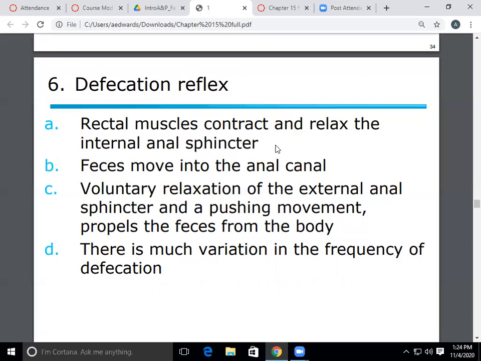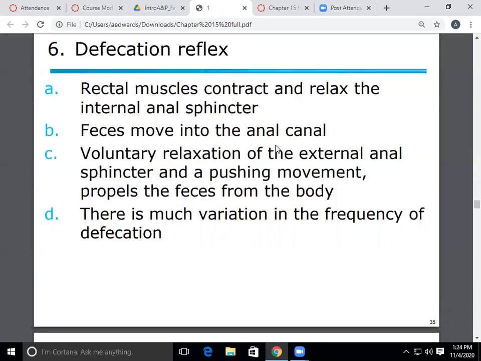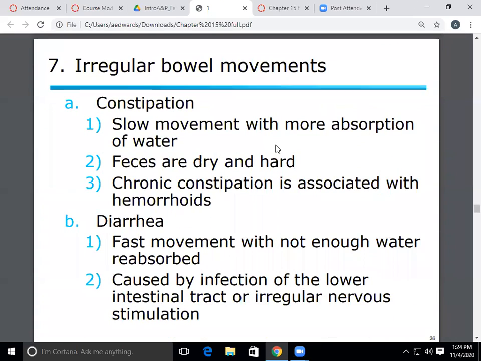Okay, pushing movement is going to move the feces out of the body. Okay. So the frequency with which people defecate is quite variable, not the same for everybody. All right. So that's sort of what happens normally.